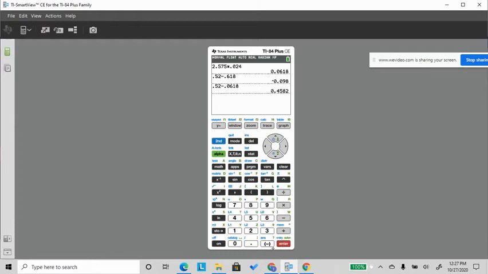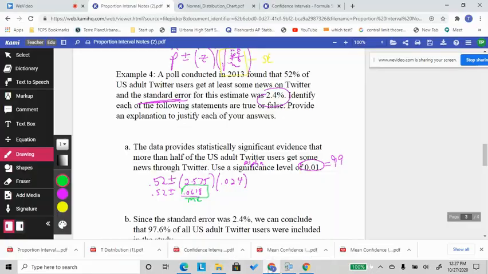Goodness, can't get a negative percent. So 0.4582 is my lower bound of my interval. And now my upper bound is going to be 0.52 plus 0.0618, and my upper bound is 0.5818. Okay, so let's go back to the question.